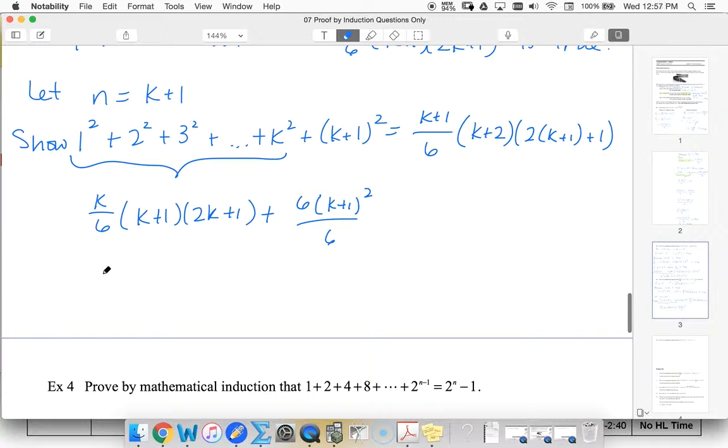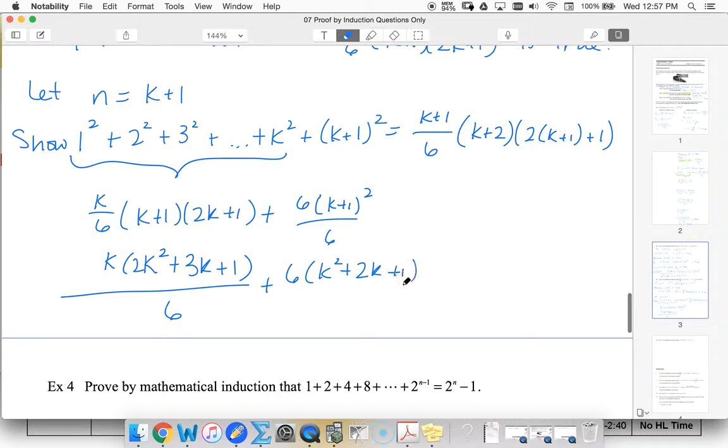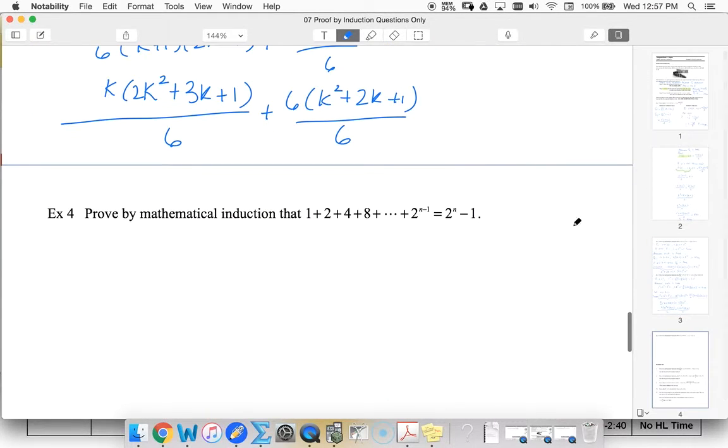So let's see what we've got. Up top, I'm going to have k times 2k squared plus, that's going to be k plus 2k is 3k, plus 1 over 6, plus 6 times k squared plus 2k plus 1 over 6. Continuing to simplify. Let's put in an extra page.